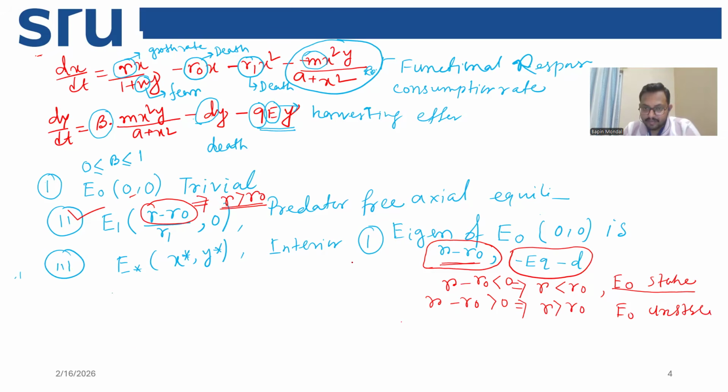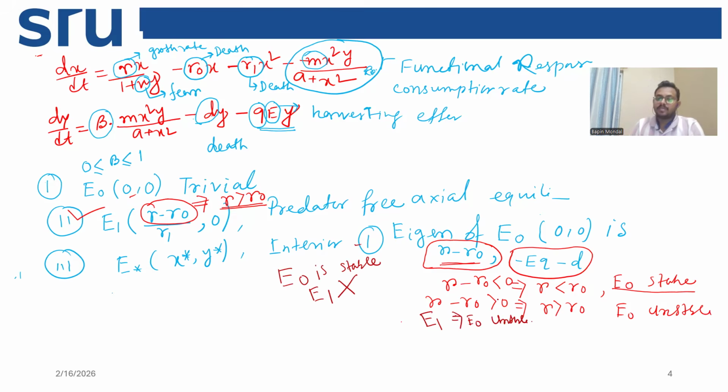So it can be observed that E0 is stable in the situation where U1 does not exist. If U1 exists, then E0 must be unstable.